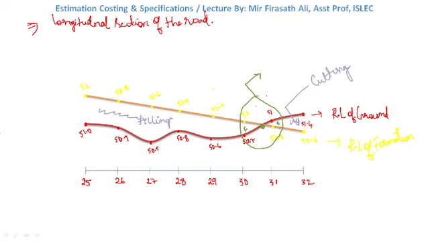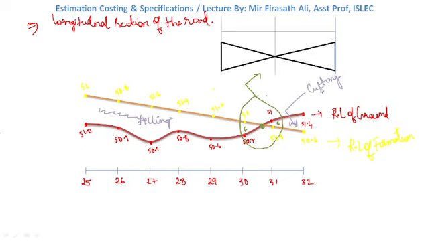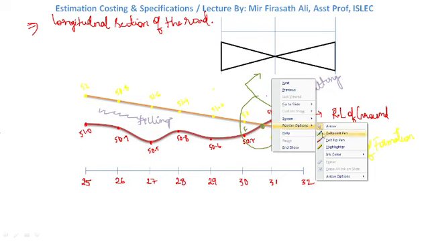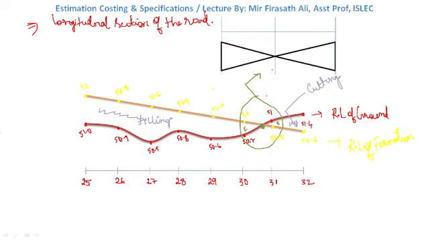How does it look? If we imagine this cross section area over here, now you can see, imagine this intersection area. What is this station? This station is the 30th station.